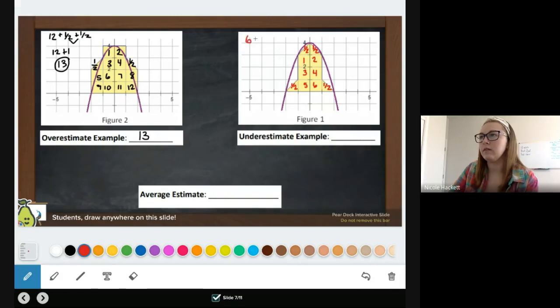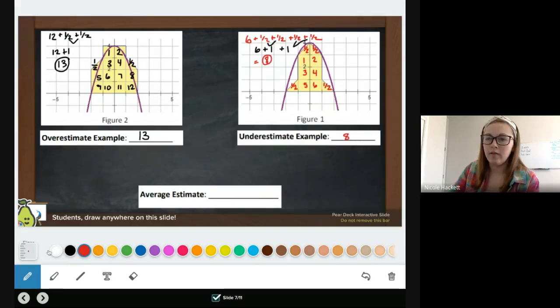So it's 6 plus I've got 1 half plus another half plus I've got another half plus another half. All right, so first of all, we know that this is equal to 1 and this one is equal to 1. So we're adding 6 plus 2 more. So this is going to give us 8 for our underestimate.